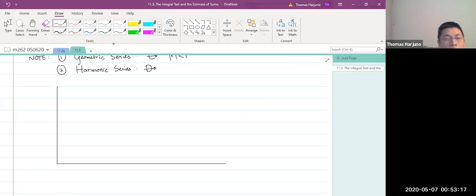When we get the sum, let's consider the sum of n equals 1 to infinity of a sub n.